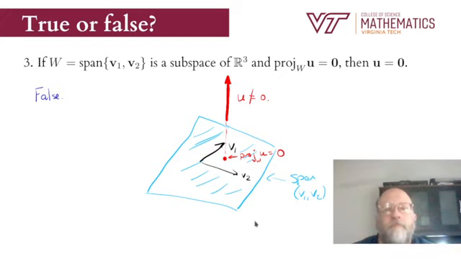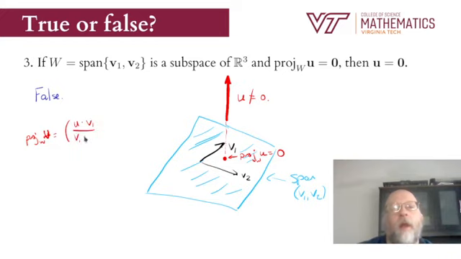So that's a diagram explaining what happens, but we also have a formula. The projection of U onto W is the dot product of U and V1 times V1, plus the dot product of U and V2 times V2.